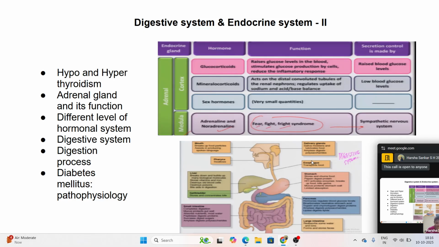Then in the small intestine there are peptidase, sucrase, amylase, all of these, and they digest proteins, sugars, and carbohydrates or polysaccharides.